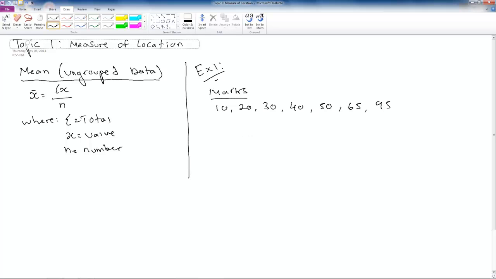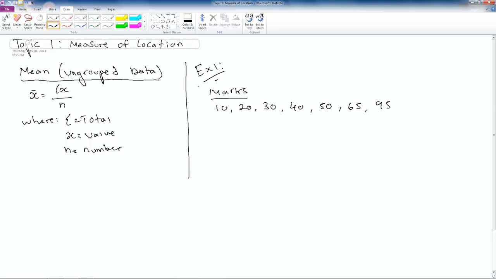Now, mean. Why are we calculating the mean? Because if you want to calculate the average in a data, we can use the mean, because the mean is an average. If you calculate the mean, you will get the average value. That's why we calculate the mean. But about the ungrouped data, ungrouped data means it is not classified into groups.